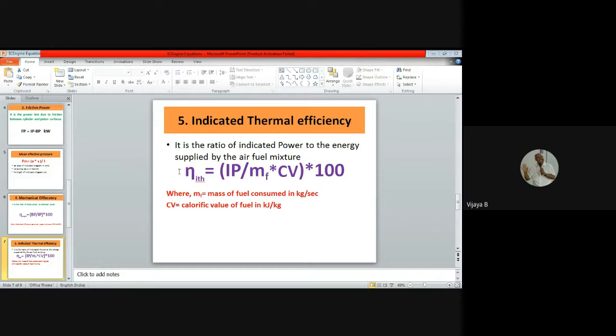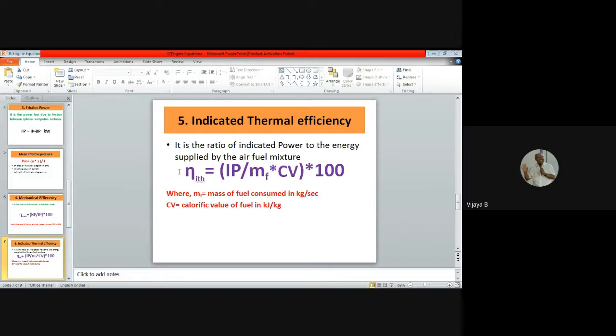Then the next equation is indicated thermal efficiency. It is the ratio of indicated power to the energy supplied by the air fuel mixture. What is the energy supplied by the air fuel mixture? mF into CV. What is mF? How much quantity of fuel is supplied for the combustion purpose, and because of the combustion, how much heat is liberated, that is called calorific value. Therefore, indicated thermal efficiency is IP divided by mF into CV.